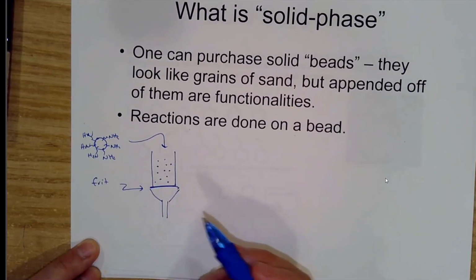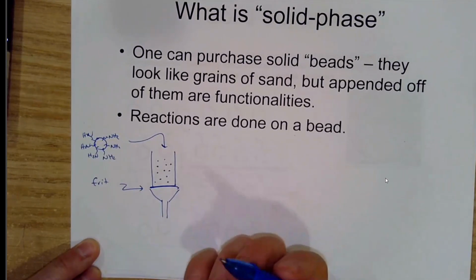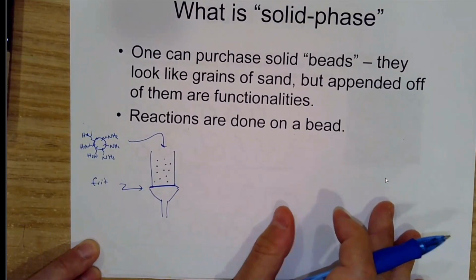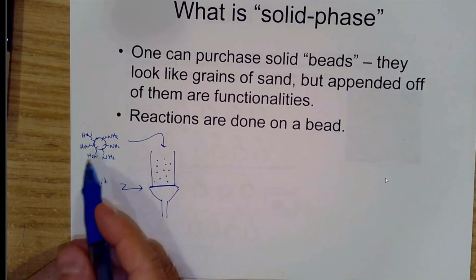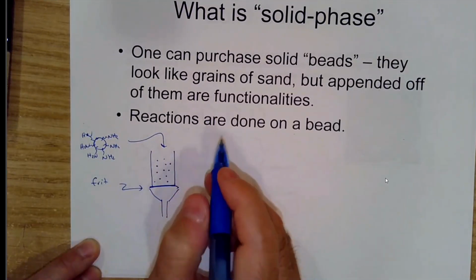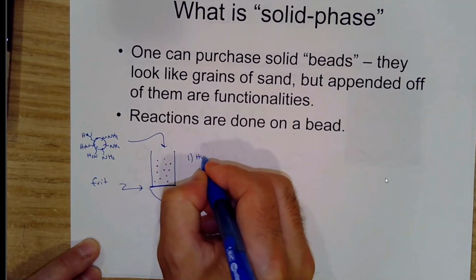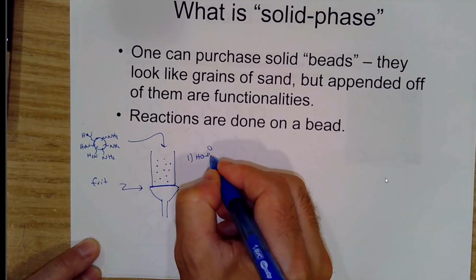The first thing we're going to do is start building our peptide off of this solid phase. So this is an amine here, and you know that to make a peptide bond, you need a carboxylic acid. So let's take an amino acid.